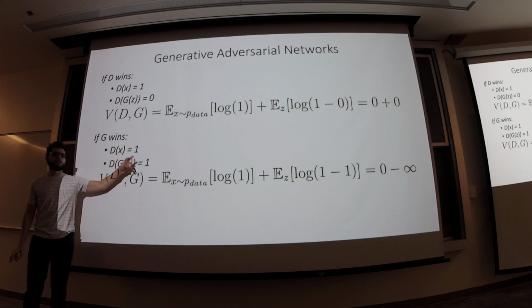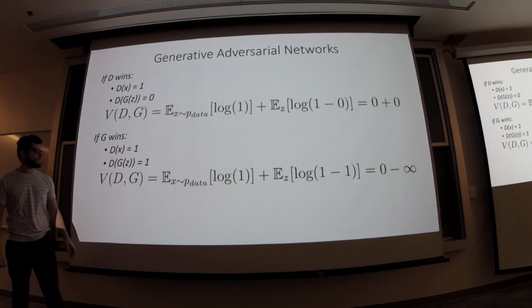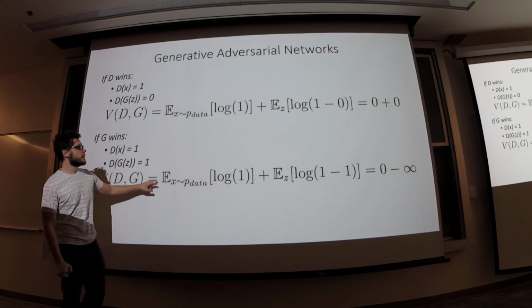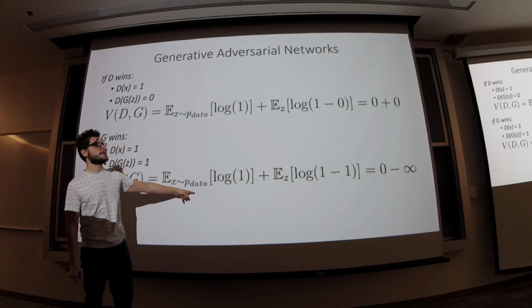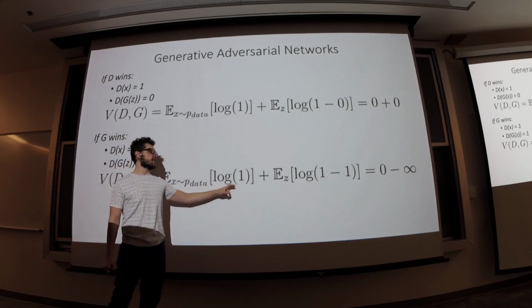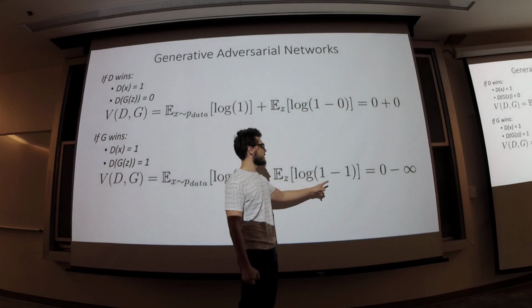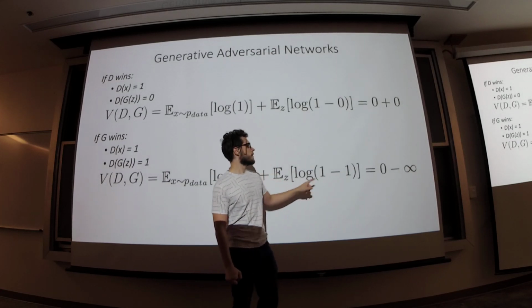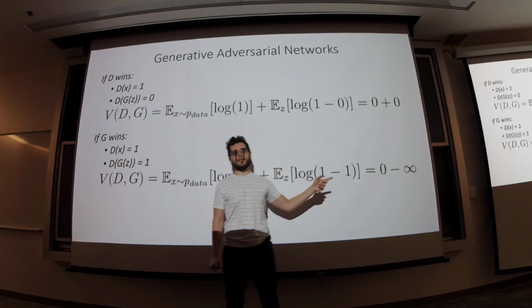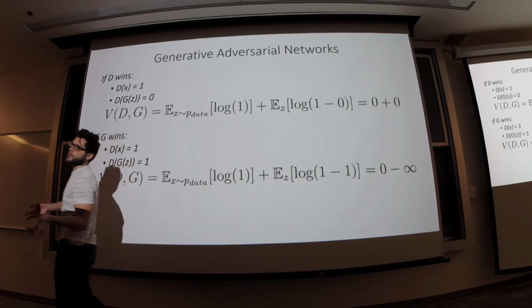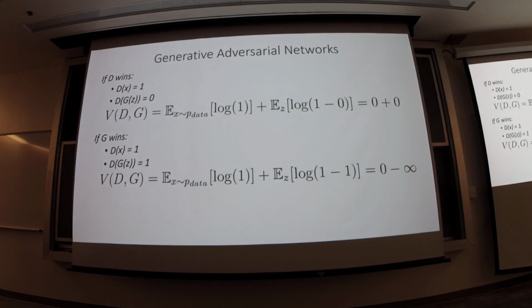But D of G of z is equal to 1. And so, at that point, we obtain the same for the probability distribution of the data, the logarithm of 1, but for the generated samples, we obtain the logarithm of 1 minus 1, which is the logarithm of 0, and the logarithm of 0 is negative infinity. Right? Does it make sense? Okay. It was just to visualize a little bit what happens when one or the other wins.